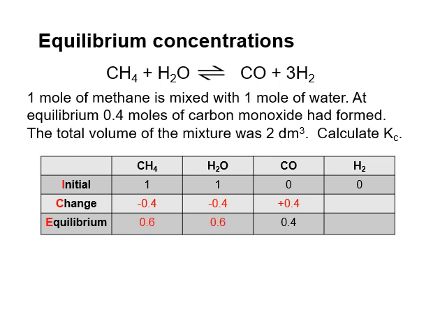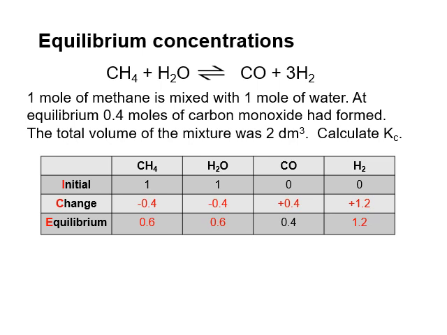The hydrogen is a little bit more complicated. For every 1 mole of CO that we make, 3 moles of H2. So if we made 0.4 moles of CO, we must have made 1.2 of hydrogen. We started with none, we've gained 1.2, so the equilibrium moles must be 1.2. So there is my completed ICE table.